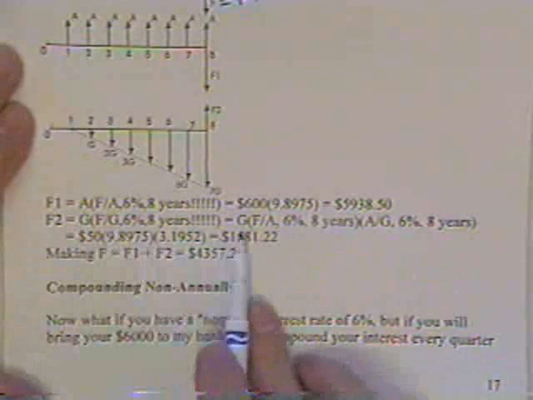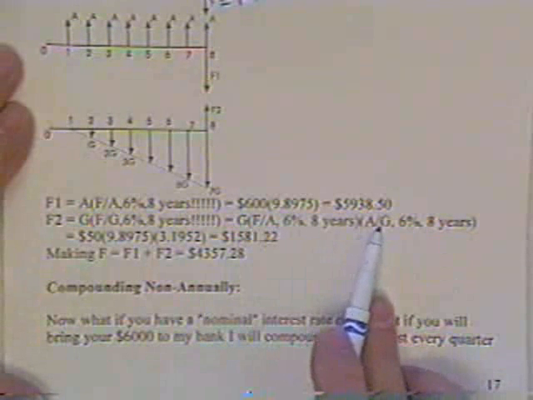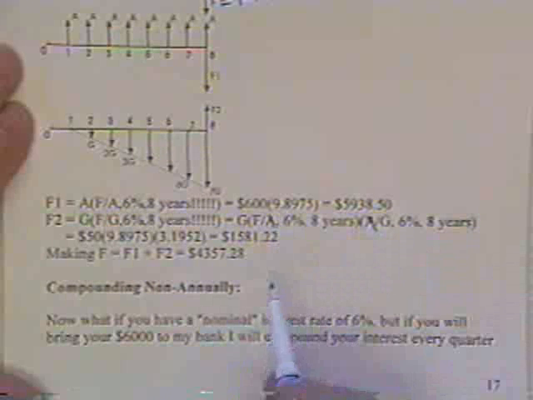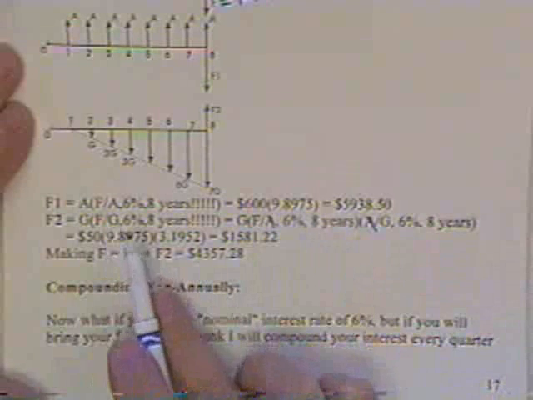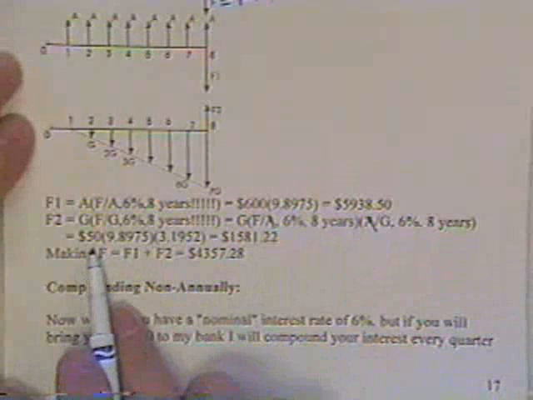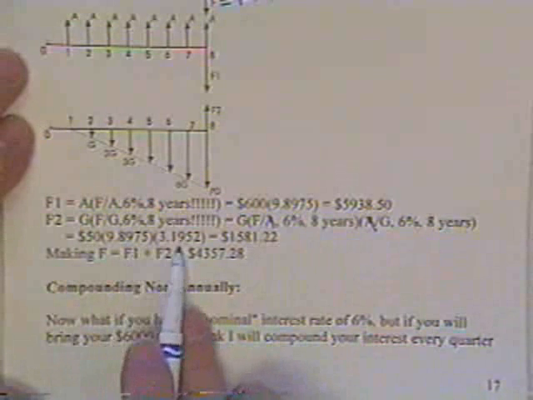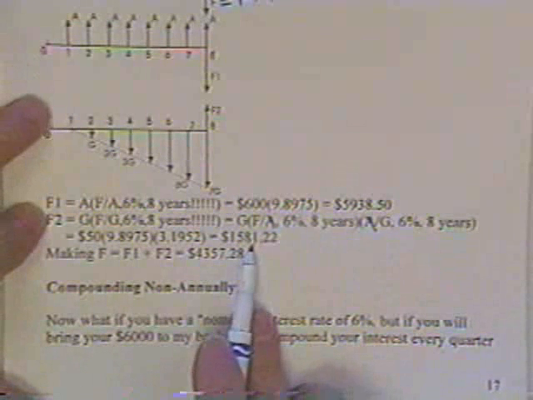Phooey, he doesn't have F over G, so I had to go find F over A for 8 years and then A over G for 8 years. The A canceled the A, leaving me with F over G, which is what I need. And that's equal to $50 times the two factors found from the table for the 8 years. Gave me $1,581 for the second part.